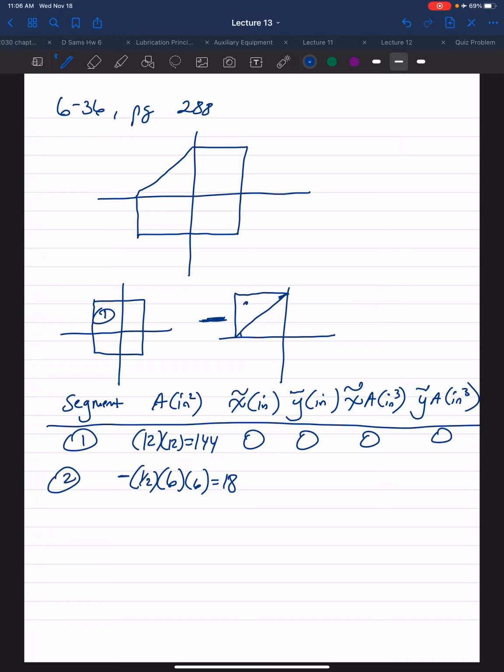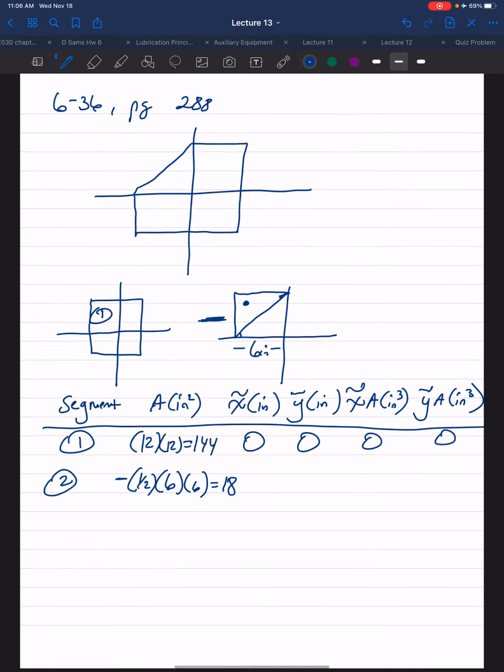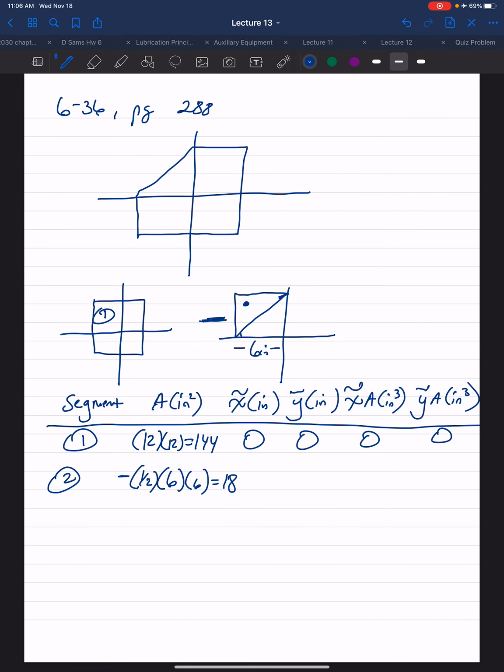So it's somewhere over here, and this total length here is 6 inches. So to get to the centroid in the x direction, we have to go 1/3 of 6 to the large side. So that'd be 4 inches, but it's in the negative x direction from the origin. So it's -4.